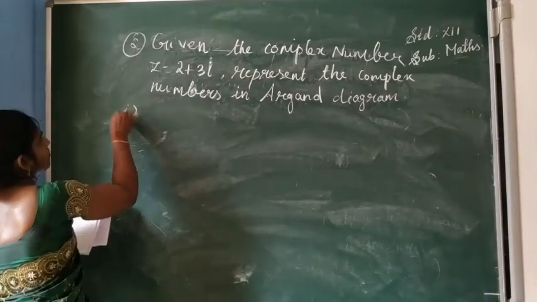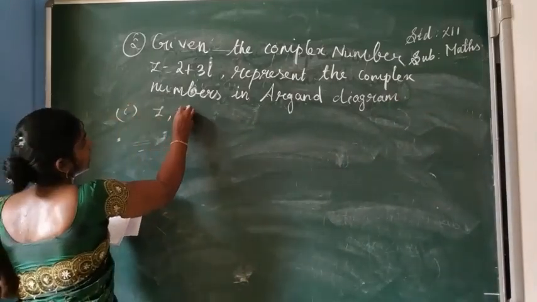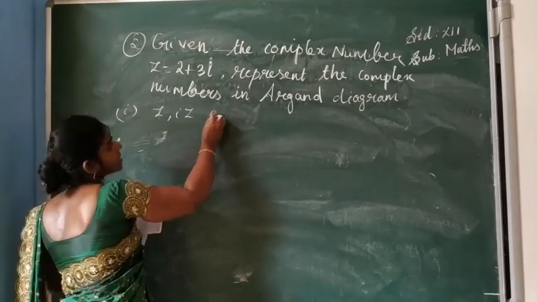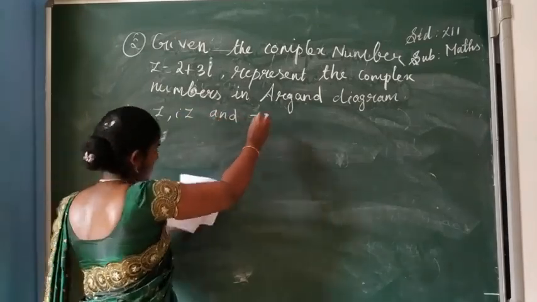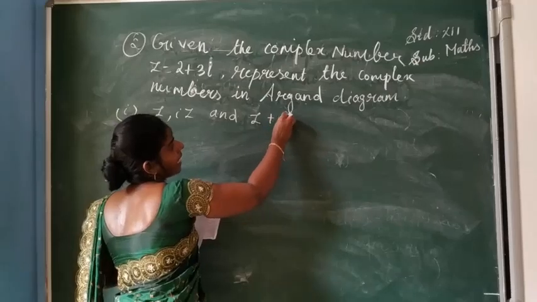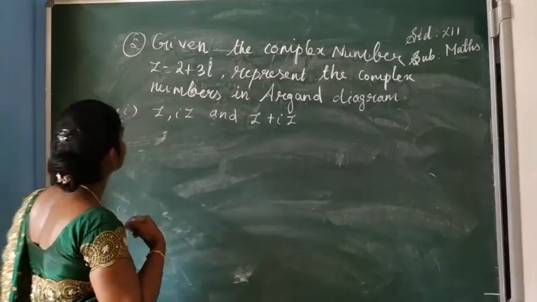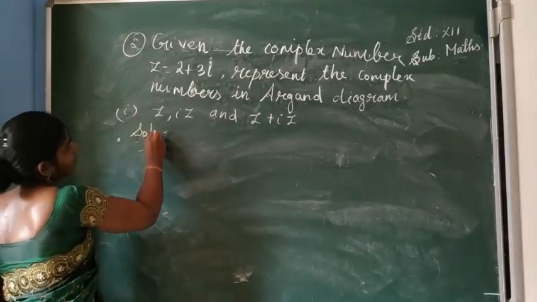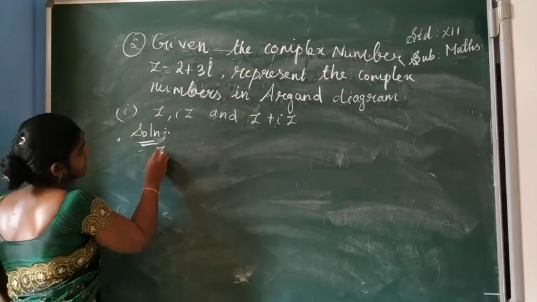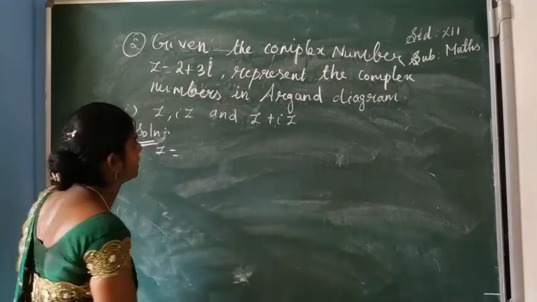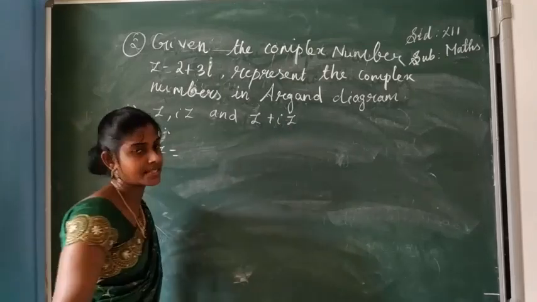So first one, Z comma I Z and Z plus I Z. So we find solution. First we find Z, then I Z, and then Z plus I Z.